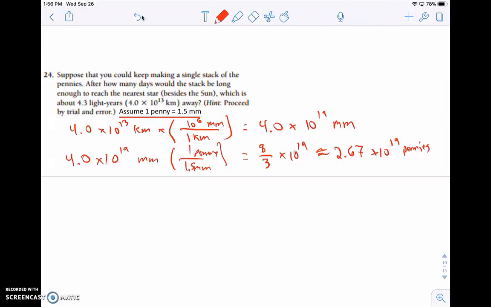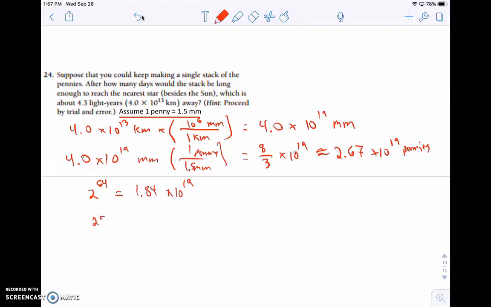As I started doing this, I did 2 to the 50th power. It was too small. 2 to the 60th was still too small. 2 to the 70th pennies was actually too big, so I backed it down, and I found that 2 to the 64th power is 1.84 times 10 to the 19th. That's a little bit small because we need 2.67.